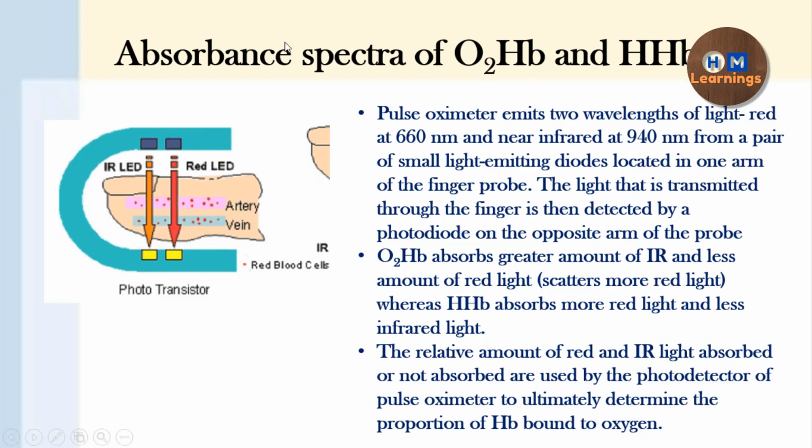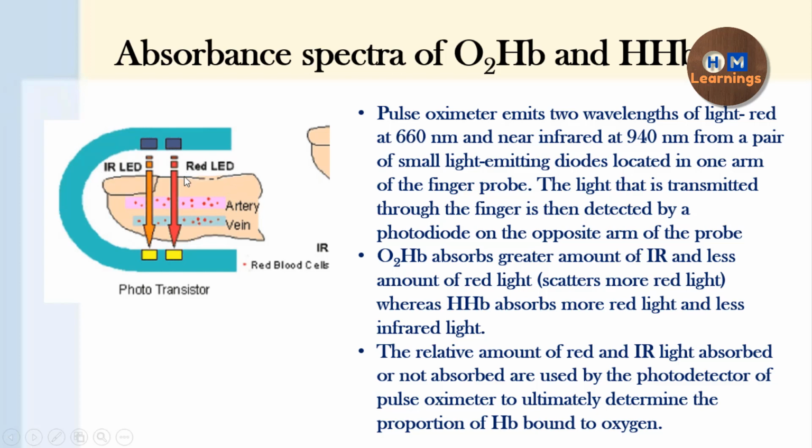So now you can look at this diagram. This is a finger probe of SpO2. This is one arm and this is the other arm of the oximeter. On the upper arm, what you can see here is a pair of light emitting diodes. They are emitting infrared light and red light.